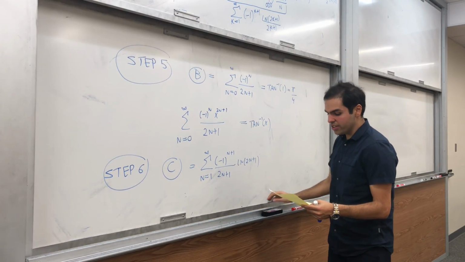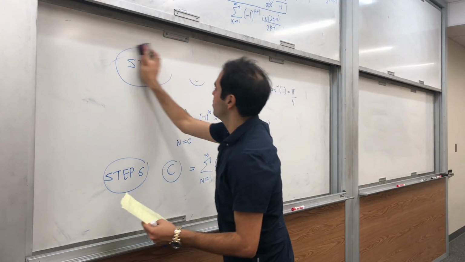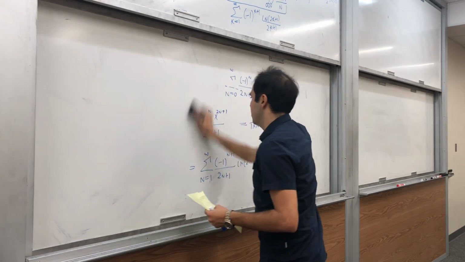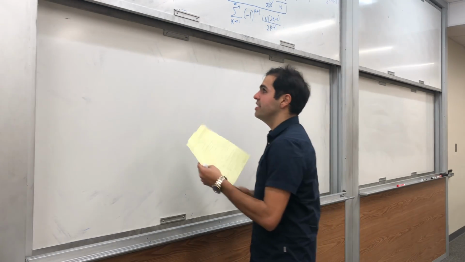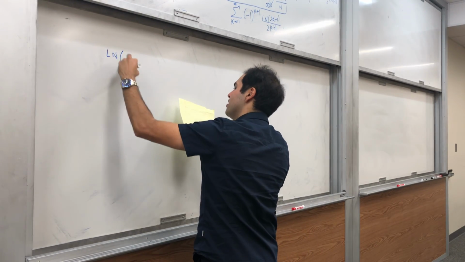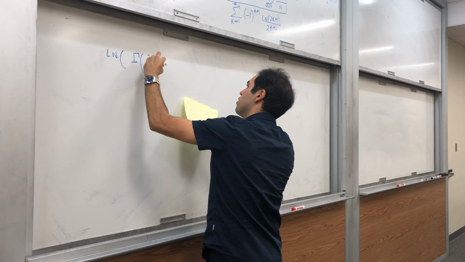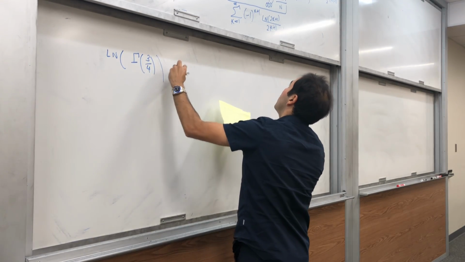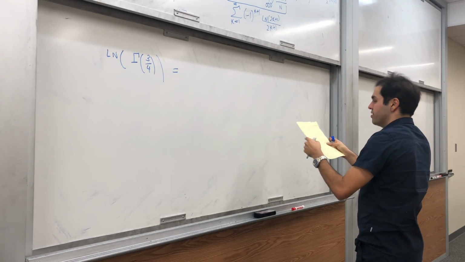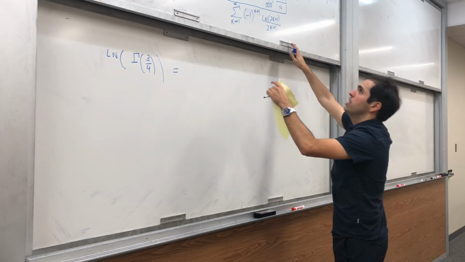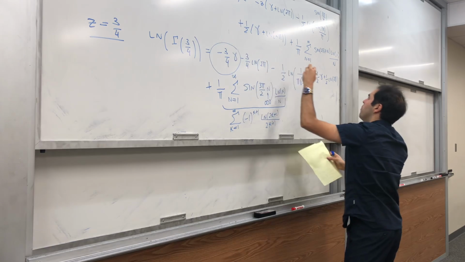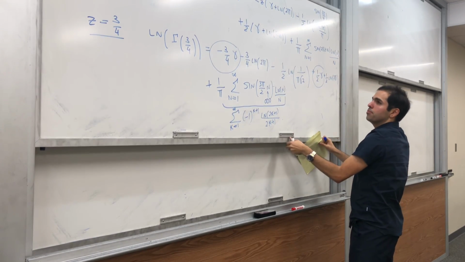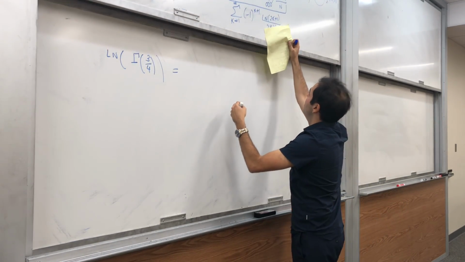And so we can just simplify this a little bit. So let's see, ln of gamma function of 3/4. I think the Euler-Mascheroni terms simplify. So we have minus 3/4 gamma, plus this term becomes minus 1/4 gamma.